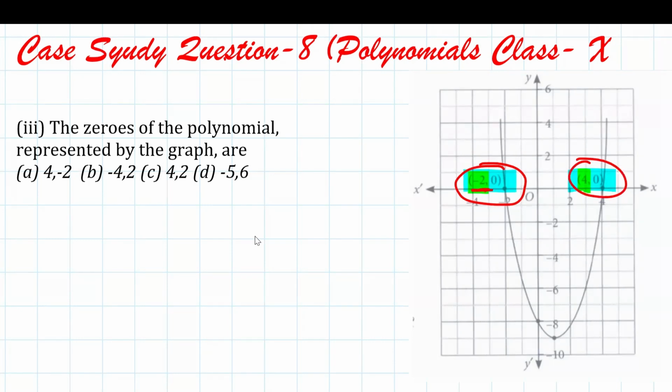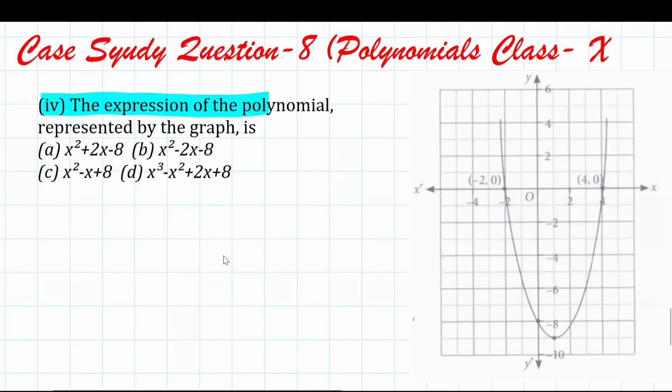And what are their x coordinates? -2 and 4. So -2 and 4 are the two zeros of the polynomial. So option A is correct. Zeros are not an ordered pair, so you can even write it like -2 or 4. It doesn't make a difference, as long as it is not kept in an ordered pair.